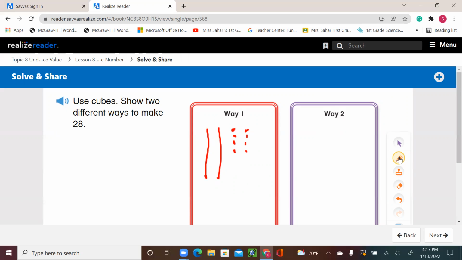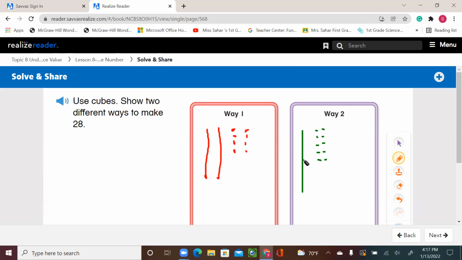Okay. My second way, another easy way I just learned now. I'm going to break one of the 10s to ones. So instead of having 2 tens, I'll have 1 ten, and then I'm going to break this ten. And don't forget, I still have ones from before. So I'm going to have 1, 2, 3, 4, 5, 6, 7, 8, 9, 10.